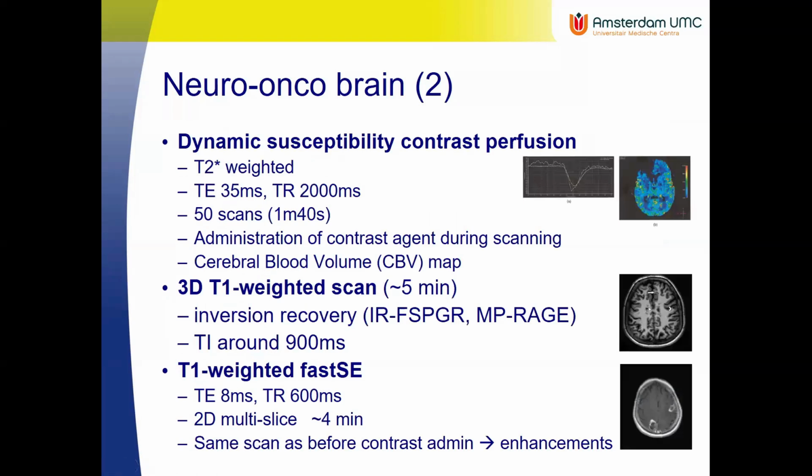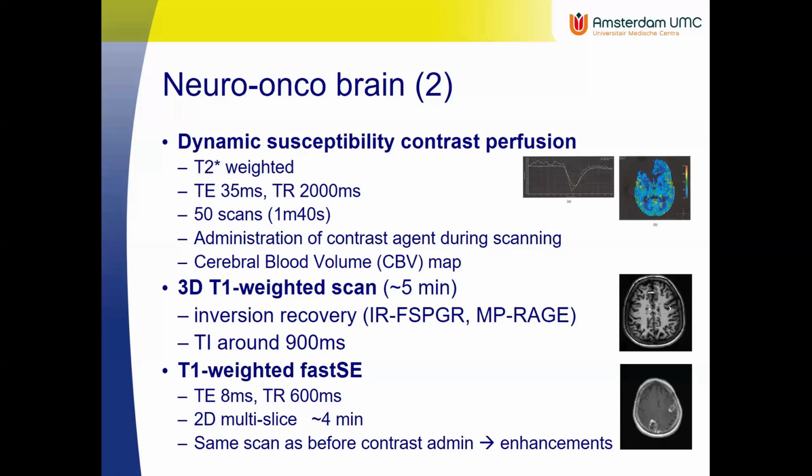Then you would do the dynamic contrast scan during administration of the contrast agent, and you get the CBV map. And then you would typically do T1 weighted scanning after the contrast agent was administered, to have a scan which is T1 weighted that does show the tumor highlighting where the contrast agent leaks out of the vessels.